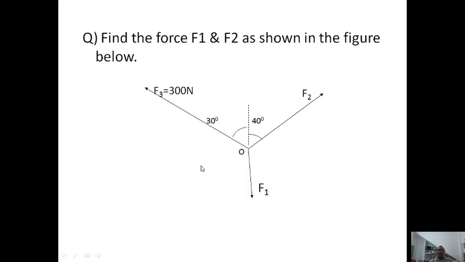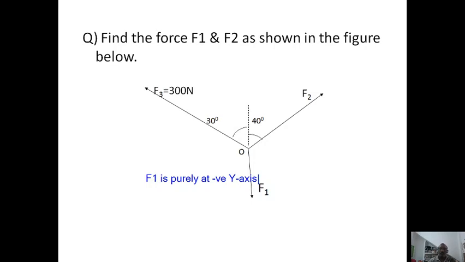Here in this figure, you observe that three forces are concurrent at a point O, and F1 is purely along the negative y-axis.